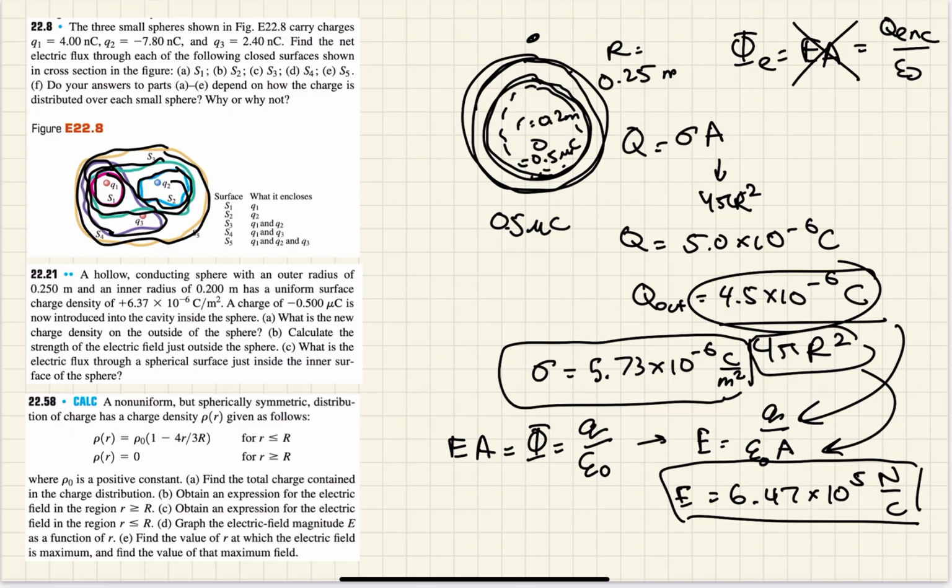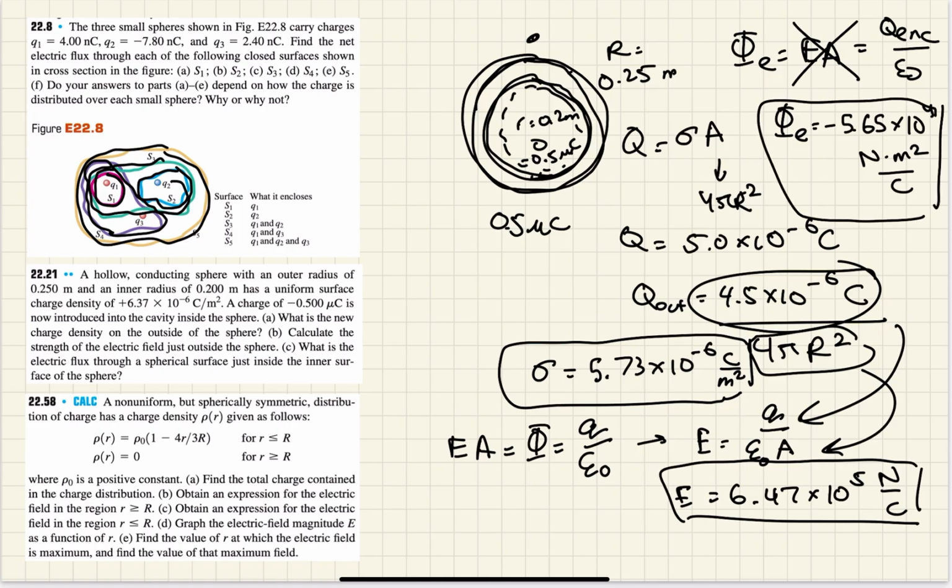It's just Q enclosed over epsilon naught. Q enclosed is negative 0.5 microcoulombs, and epsilon naught we know, and so you just get an electric flux, which is what we want, not electric field, of negative 5.65 times 10 to the power 4, and the units are Newton times meter squared per coulomb. And so that's your answer. That wasn't too bad.